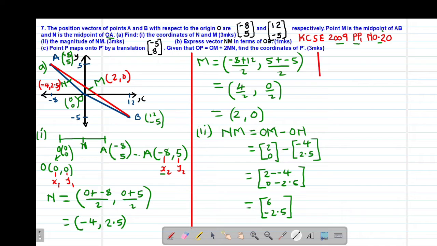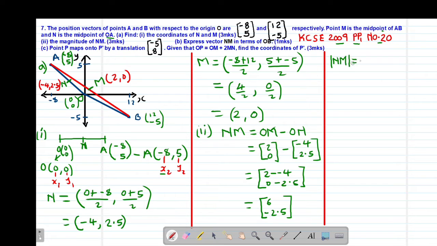Then we also need to find the other vector. So let me separate this with a straight line this way. Remember we are asked to find the magnitude of NM, so we found NM, therefore the magnitude, also called the modulus or the length or the distance, we usually denote it with these bars.